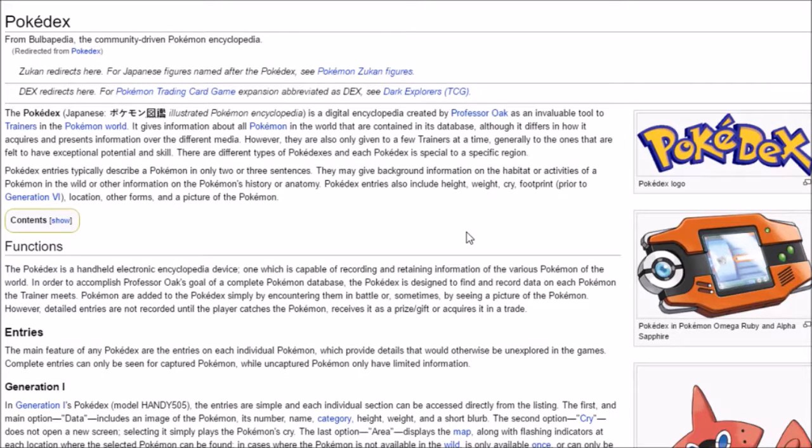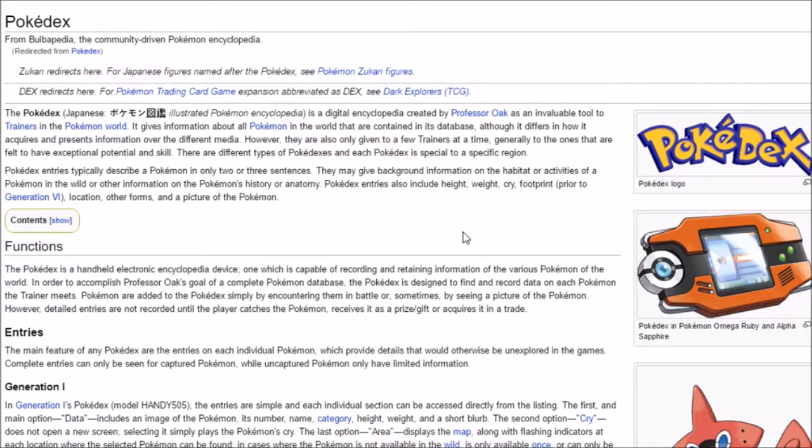I believe that in the video game, because the anime is very different when it comes to the Pokedex, the Pokedex is not entirely empty, but it's not entirely full. When you receive a Pokedex, it just appears empty to you.